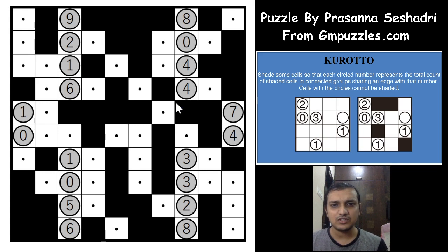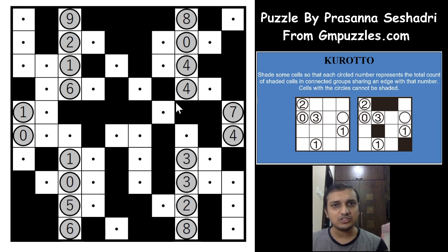This was a great puzzle, a very good puzzle if you want to learn the Kuroto puzzle, and we have even learned the uniqueness trick that will help us to solve the puzzle faster. So whenever you are solving in a competition and you come across a uniqueness trick, I immediately suggest you to just mark the cells with the uniqueness trick, because that will help you to solve the puzzle faster.